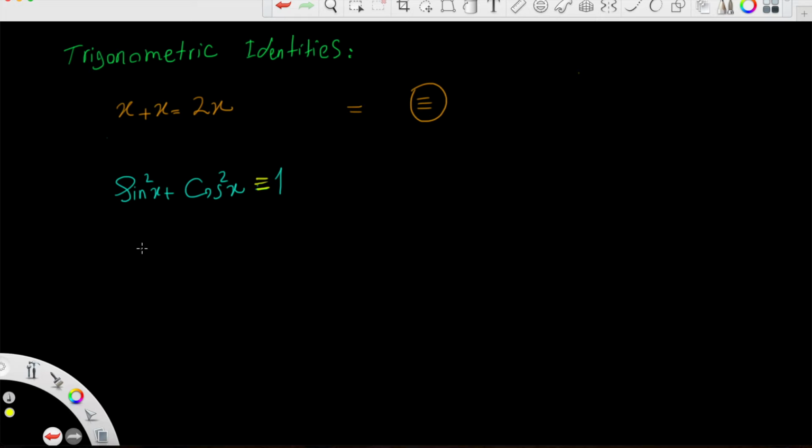The second identity is tan of x is equal to sine of x over cosine of x. We use these two identities in order to prove some other identities, which you will see in the rest of this video.